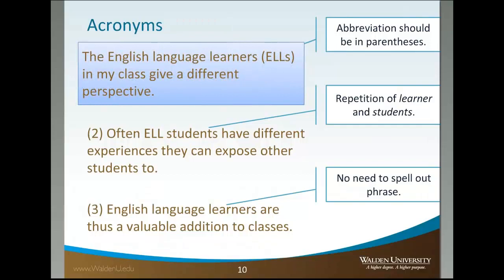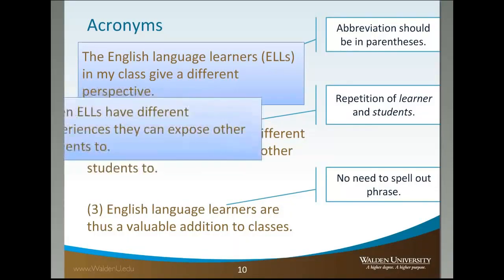The other thing that can sometimes happen, if you're really used to using the acronym, is you'll forget the words that are included in the acronym, and so you'll repeat words that you don't need to repeat. For example, English Language Learners already includes the people you're talking about, so you don't need to repeat learner and student. But if you keep saying ELL over and over again, you might forget that the students are already included in the acronym.